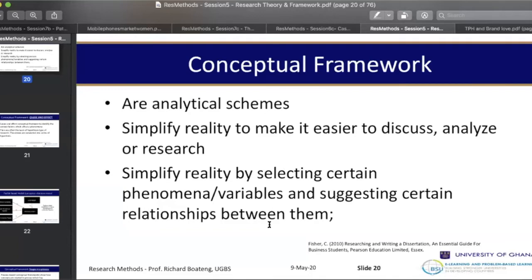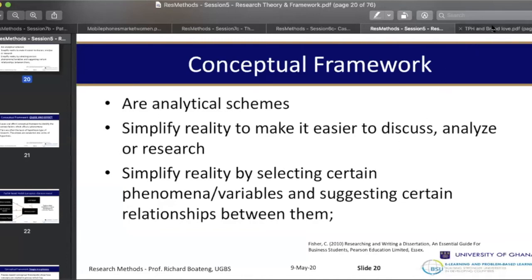So it means that every conceptual framework is a proposed research framework. That's what I've been telling you all the time. The research framework is telling you what frame a research has. And because you are conceptualizing based on the theory or literature or both, you then have a proposed research model or research framework. That's what we are trying to emphasize here.